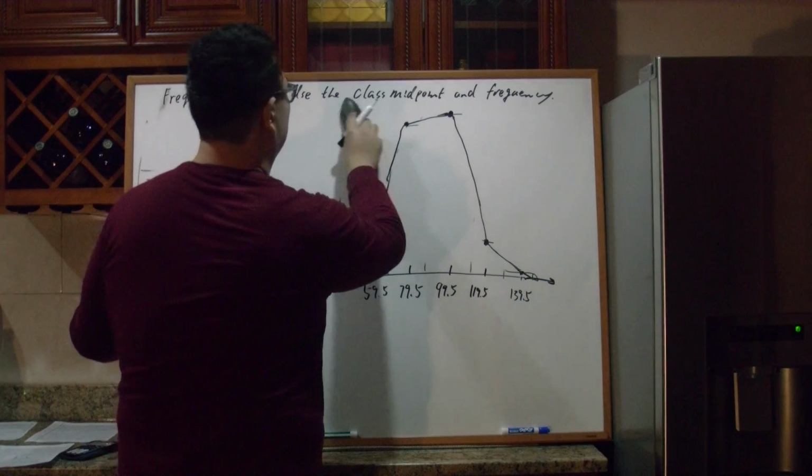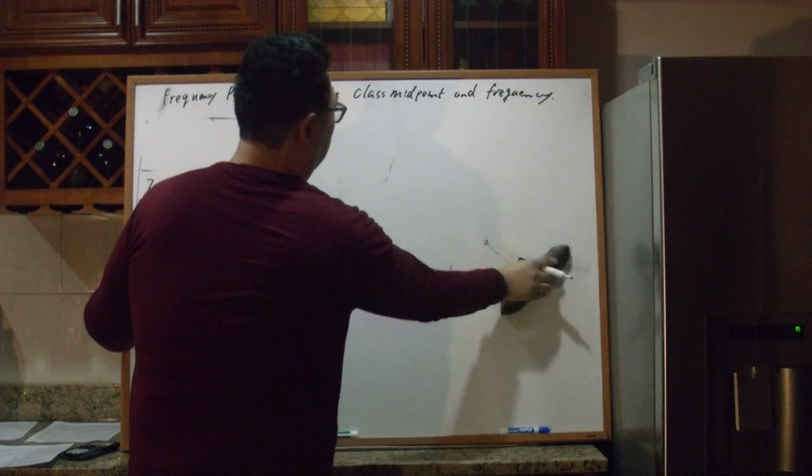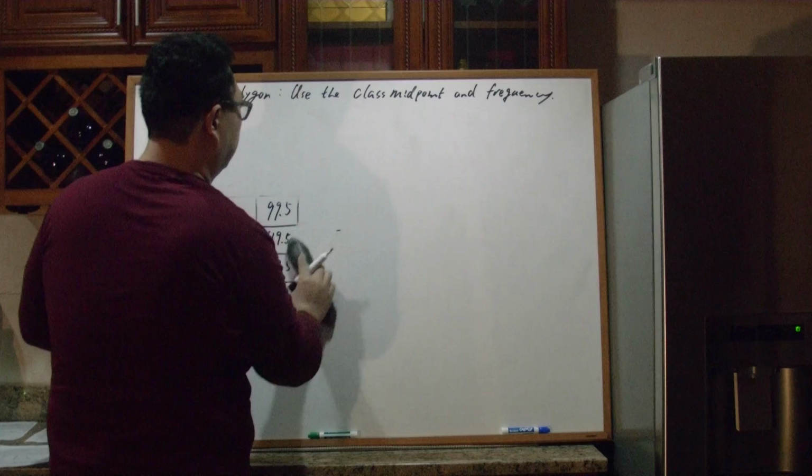So try to use it to construct a frequency polygon for the Oscar best actor.